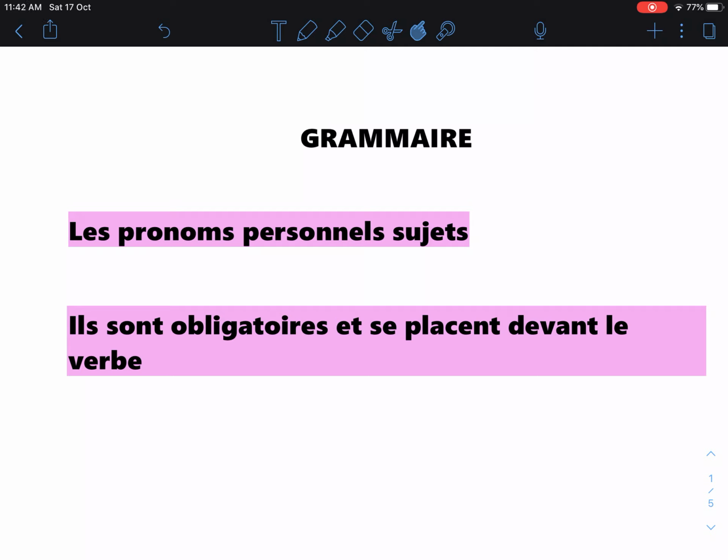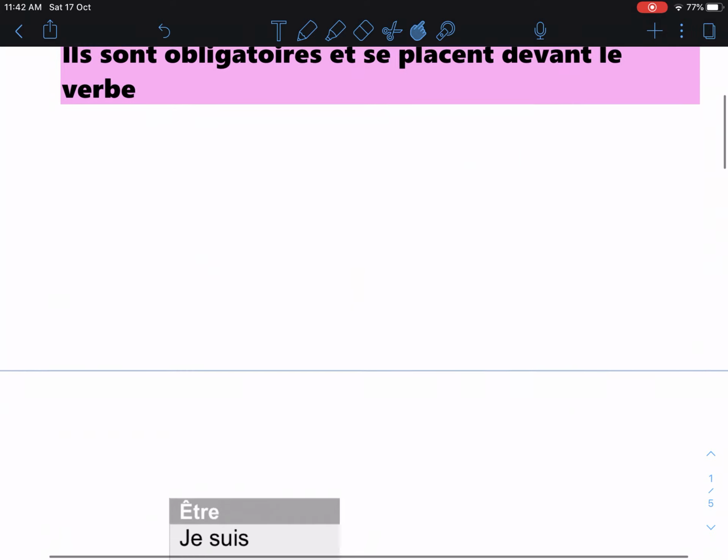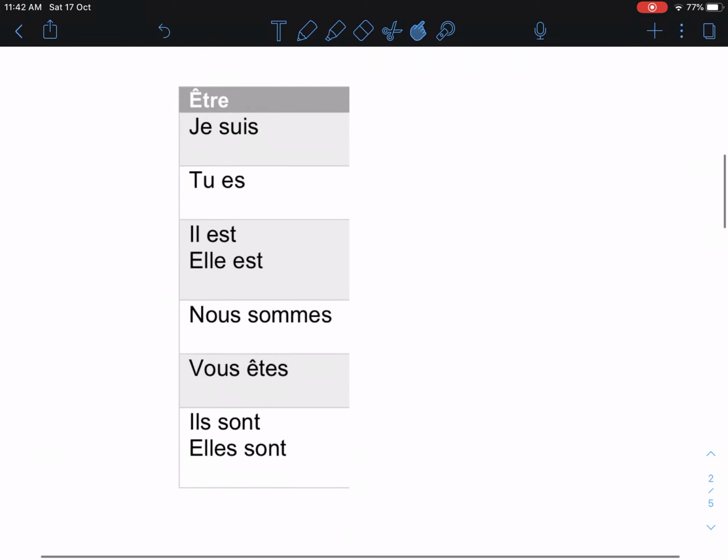Okay, now, it is important to learn pronom sujet in a proper order. Okay, what does it mean? We have to learn it in a proper order, the way French kids are learning at school in France.